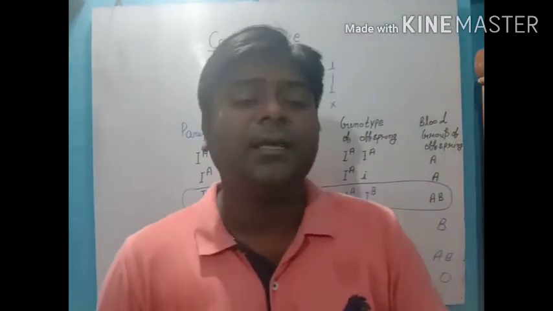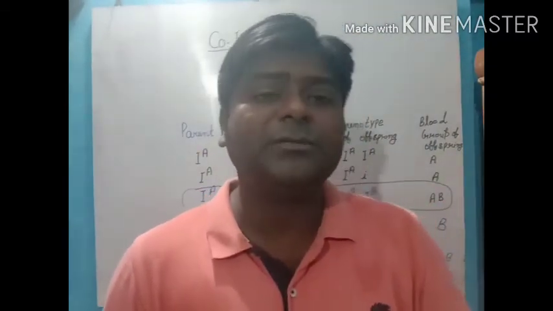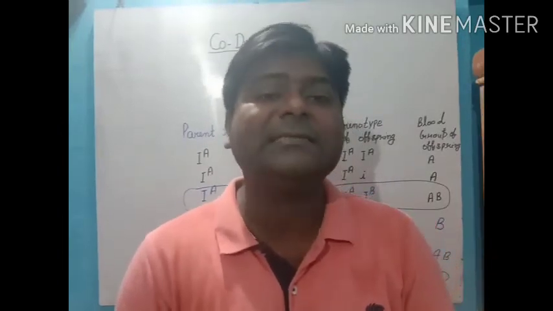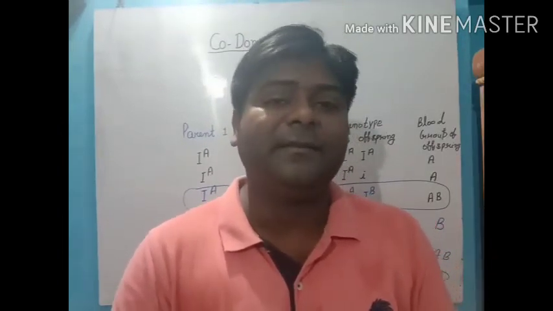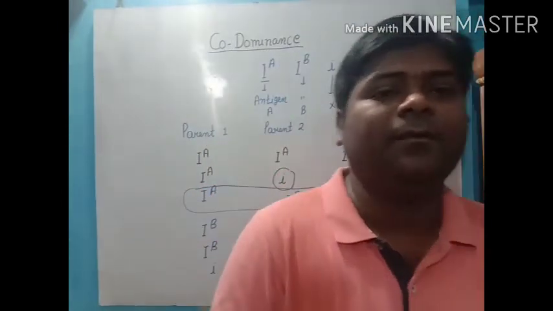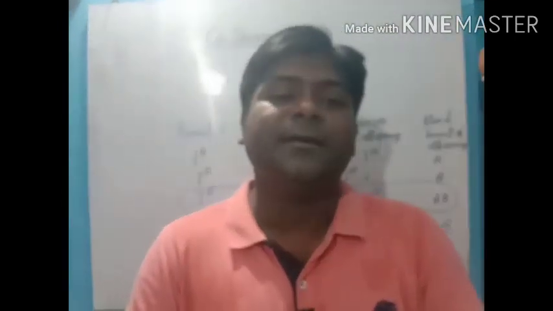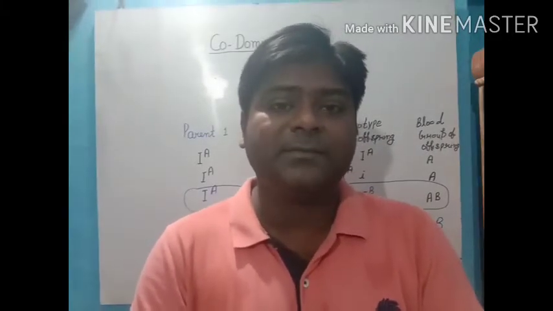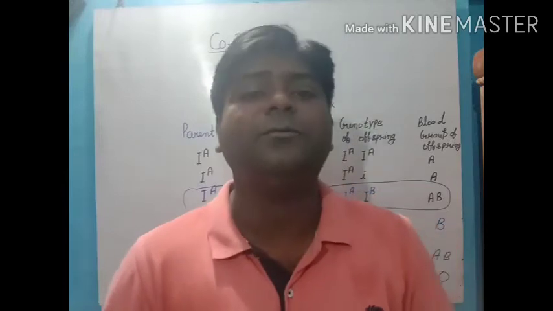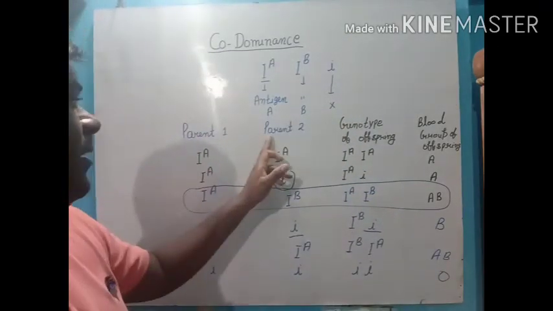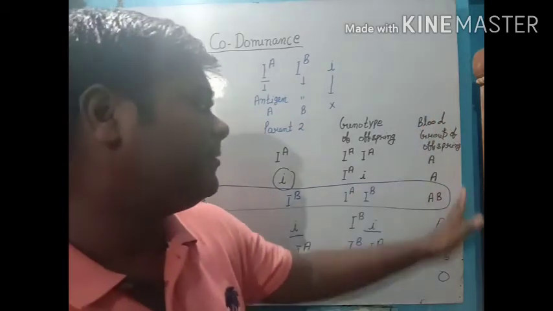It means after the combination of two dominant alleles, both the alleles express themselves. That is codominance. Very easy to understand, and it is a very important concept. You will get many questions based on this understanding: parent 1, parent 2, genotype and the blood group.